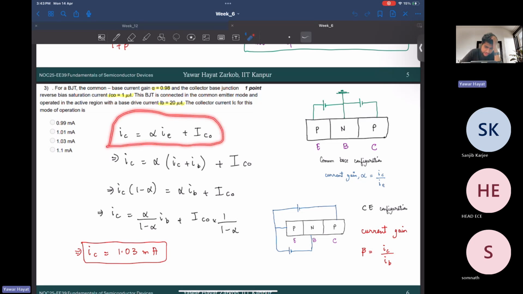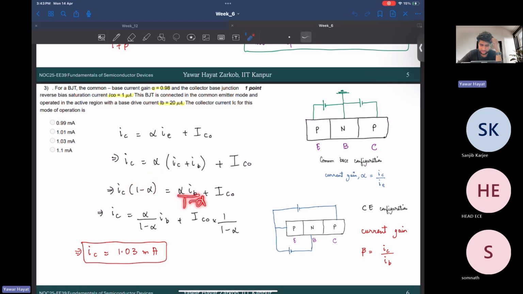So you know IC is alpha times IE plus ICO. ICO is the base reverse saturation current. And then I can write IE as IC plus IB. If I then take IC on the left-hand side, this would be 1 minus alpha. Then if I divide by 1 minus alpha, this would go here.